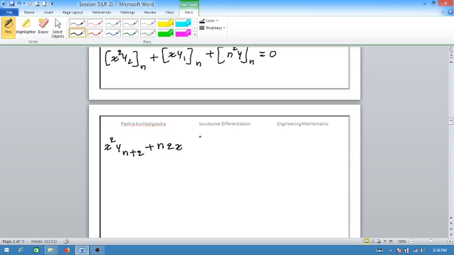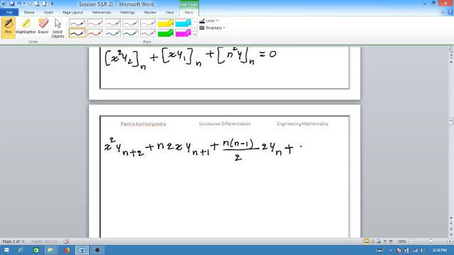x square differentiation is 2x. n minus 1th derivative of y2 is yn plus 1 plus nc2 is n into n minus 1 divided by 2 factorial is 2, differentiation of 2x is 2, n minus 2th derivative of y2 is yn. So next differentiation of 2 becomes 0, therefore I am not writing the next term.